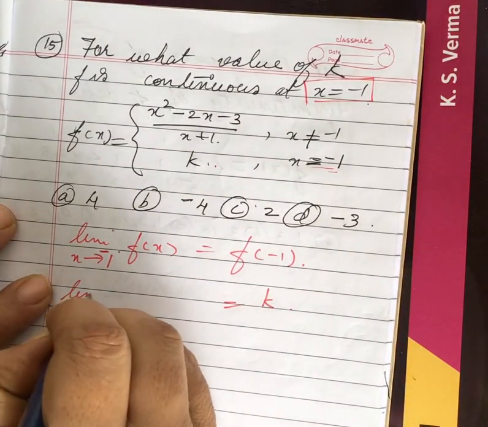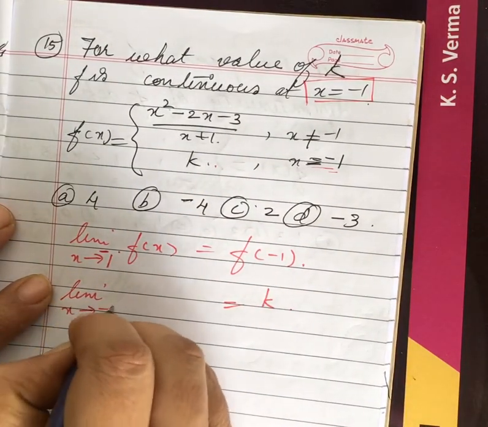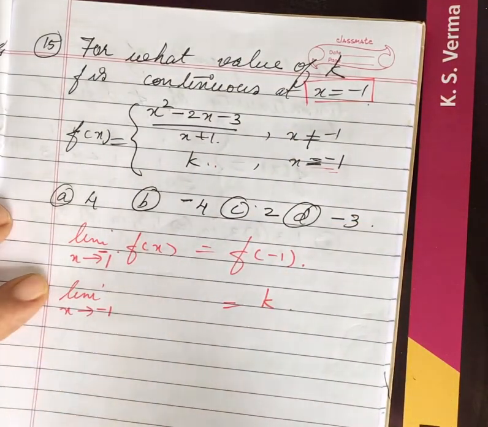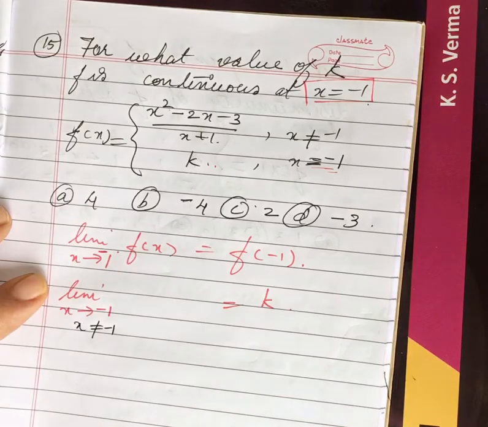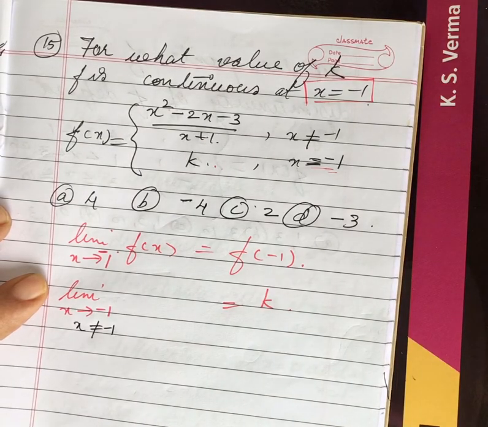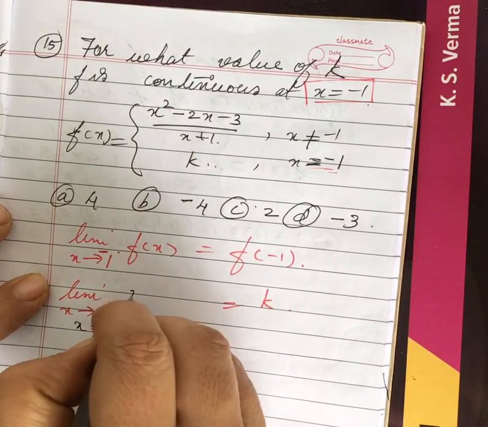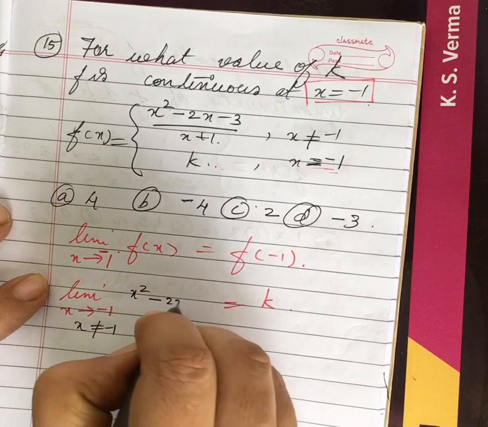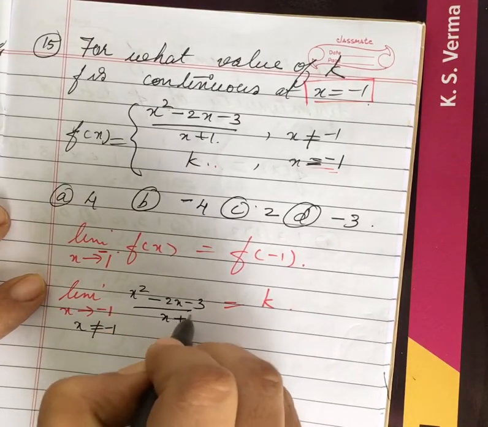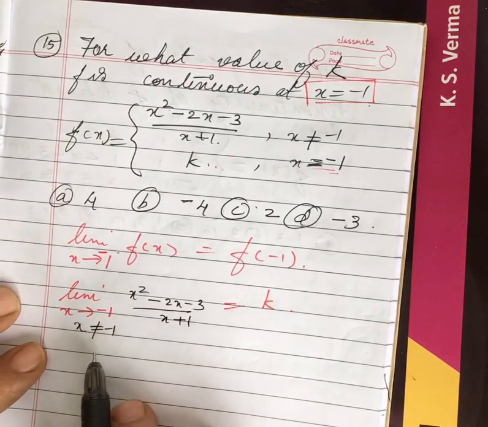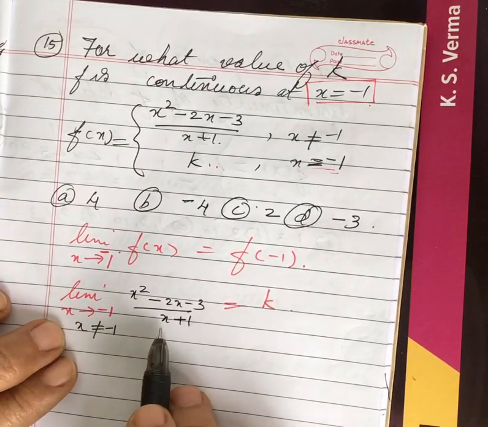Now this is how to find the limit as x tends to minus 1. X tends to minus 1 means x is not equal to minus 1. So in that case, the function is x square minus 2x minus 3 by x plus 1. When you put x equal to minus 1, the denominator becomes 0.